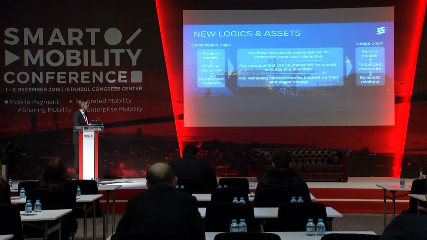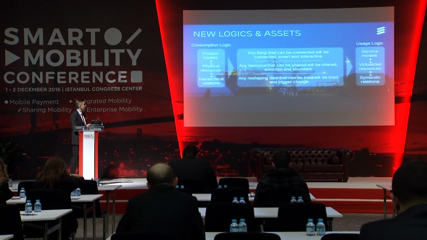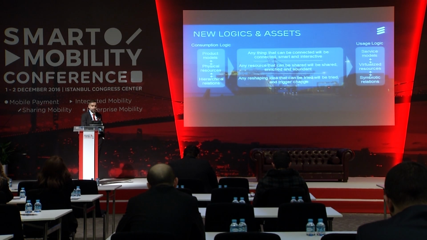So what I'm trying to describe is that from product models, physical resources, and these types of relations, so a factory owning all the resources and the full product chain, we're moving to service models, virtualized resources, and symbiotic relations.